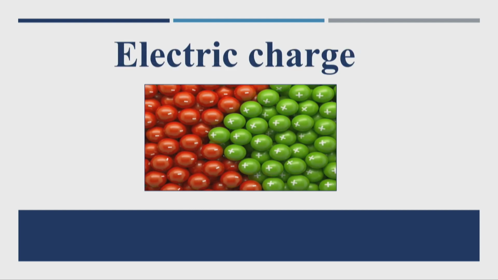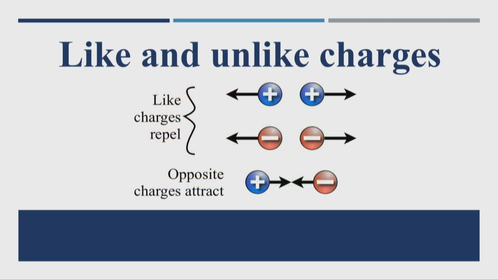We now come to charges. Scientists have discovered that there are two types of charges, namely positive charges and negative charges. Simple experiments show that like charges repel and unlike charges attract each other.